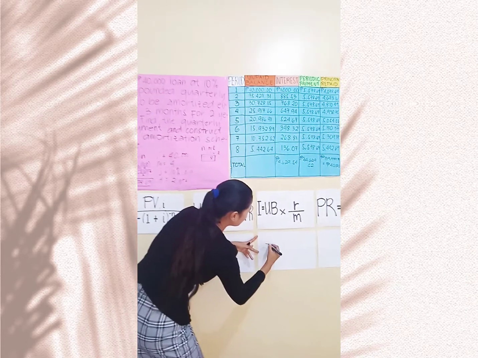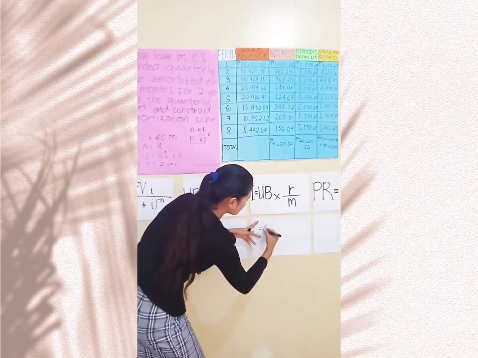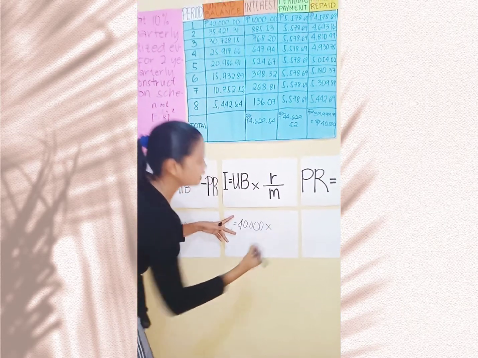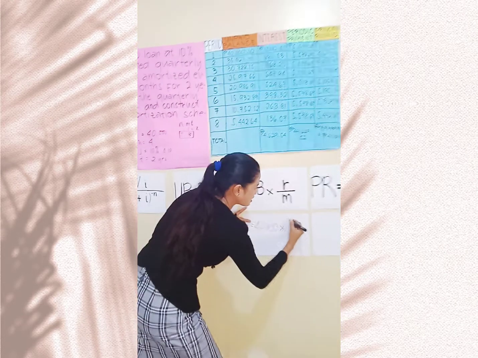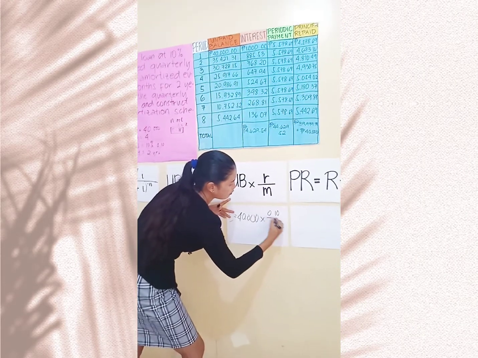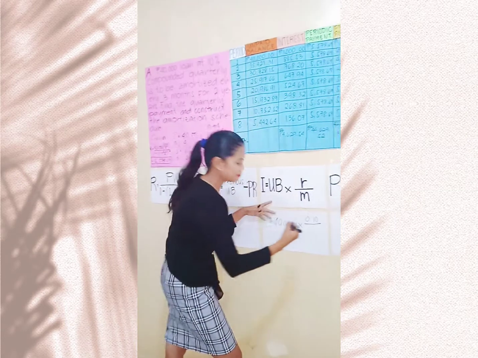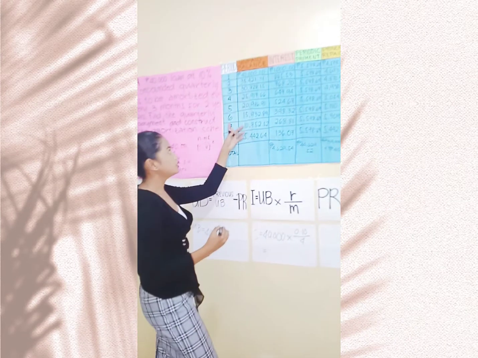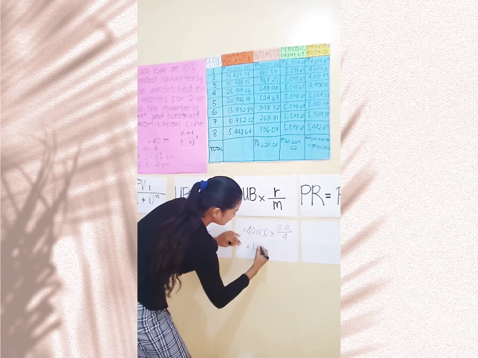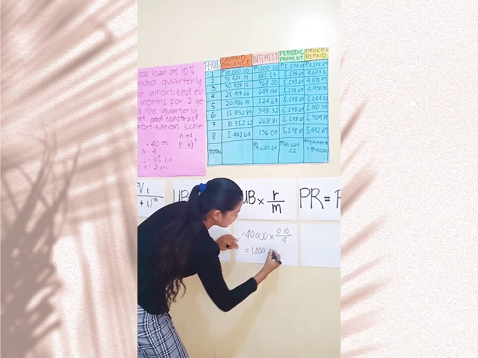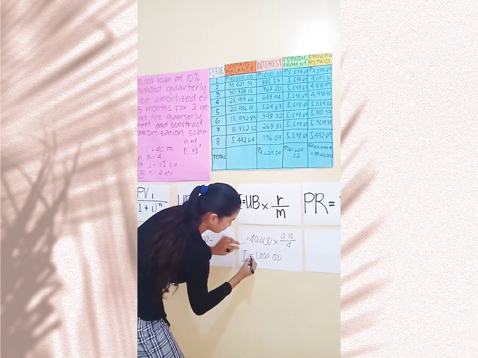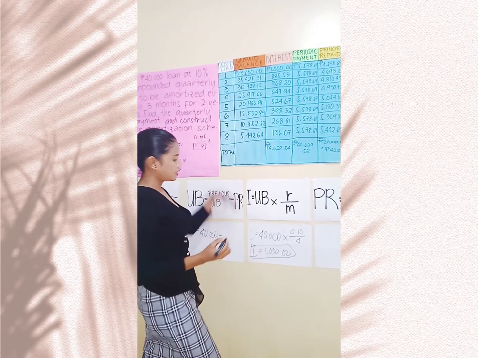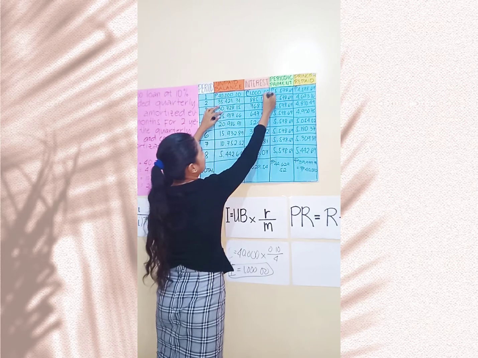I is equal to the unpaid balance, which is 40,000, times the nominal rate, 0.10, over the conversion period, 4. So the result in the first period is 1,000 pesos using the calculator. So the interest in the first period is 1,000.